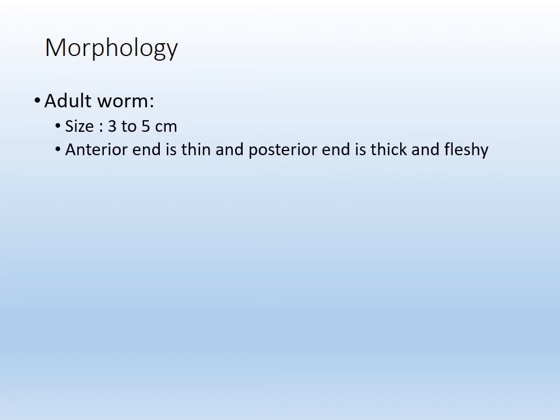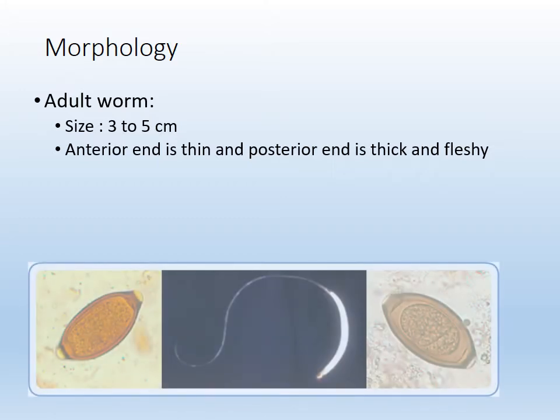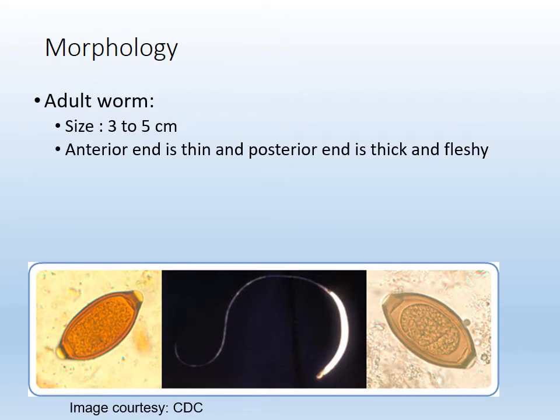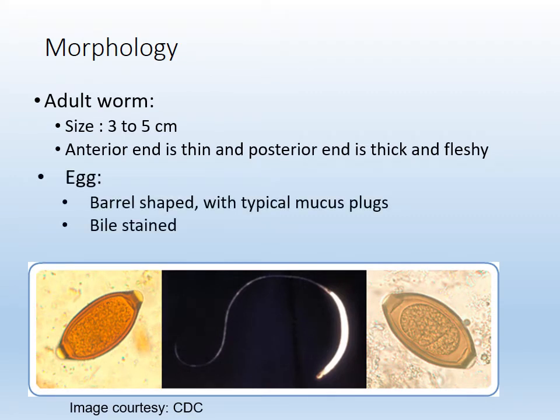If we look at the morphology, the adult worm is around 3 to 5 centimeters in size, just like Ascaris lumbricoides, the roundworm. The female is larger compared to the male, and there is a characteristic morphology. Let me show you how it looks.